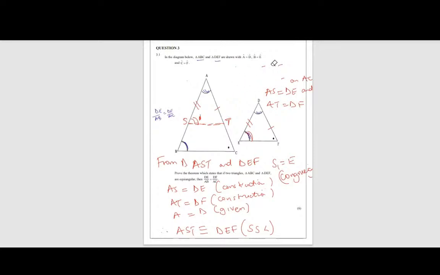Okay, so the triangles are congruent, which means those angles are the same. On top of that, we were told that angle E is the same as angle B, remember, in the original statement.